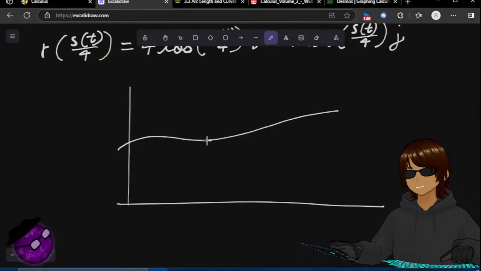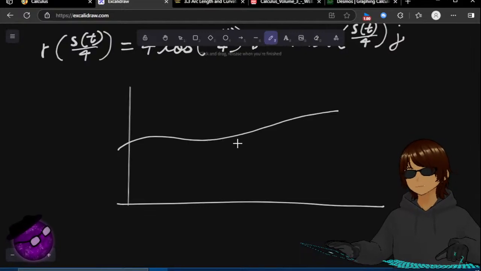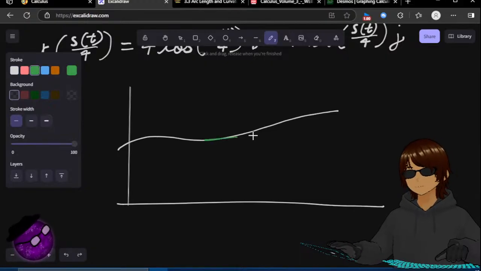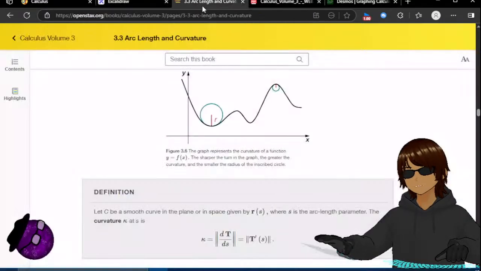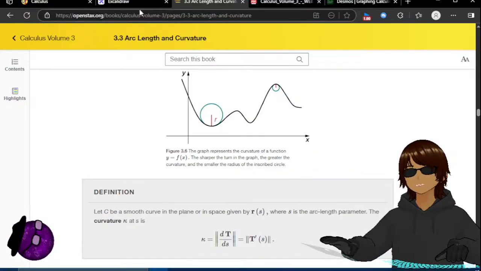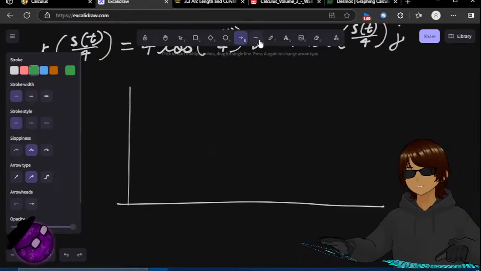If we have this tangent, suppose this is unit length, unit tangent vector. So this, I need a steeper curve.